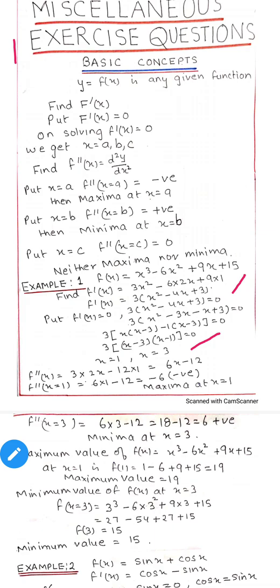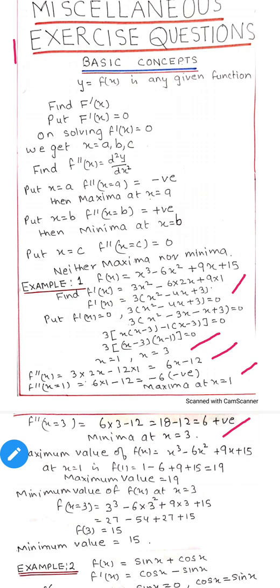Find f''(x). f''(x) is 3 into 2x minus 2 into 1, that is 6x minus 12. Put x is equal to 1, we get negative sign, that is maxima. Put x is equal to 3, we get positive sign, that is minima at x is equal to 3.